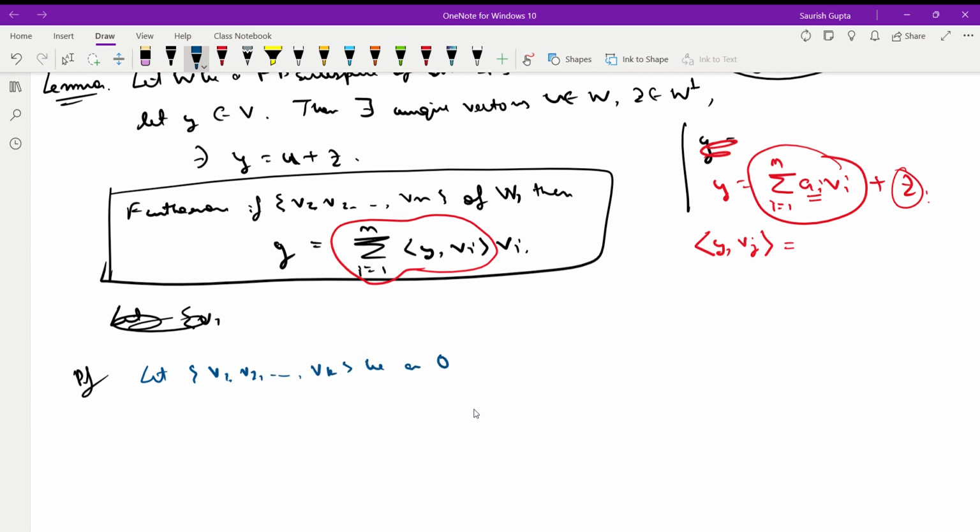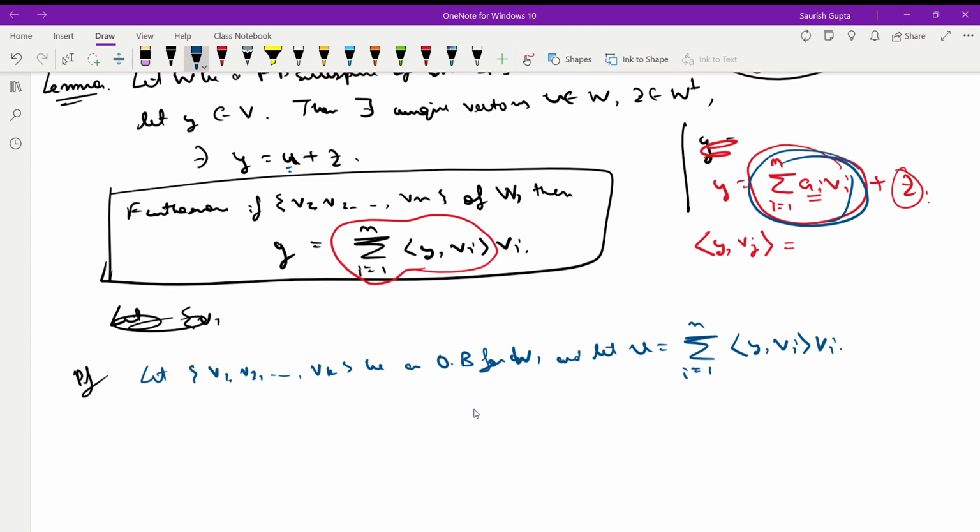Let v1, v2 till vk be an orthonormal basis for W, and let u, since we're talking about u, be the summation i equals 1 to n of the inner product of y with vi, times vi. So this result will also follow from this representation itself. Clear? This result also immediately follows from the statement.